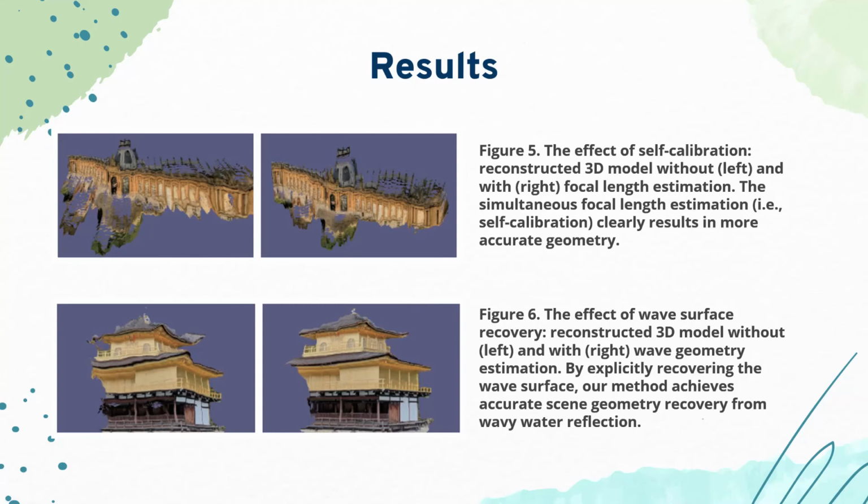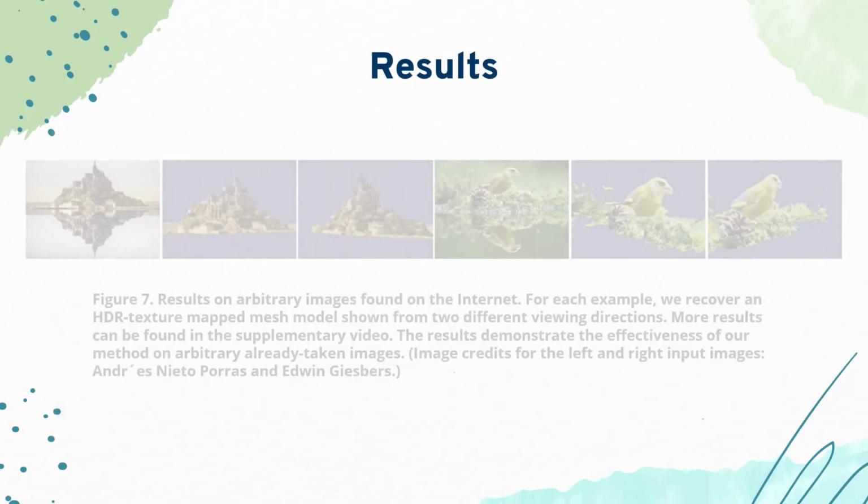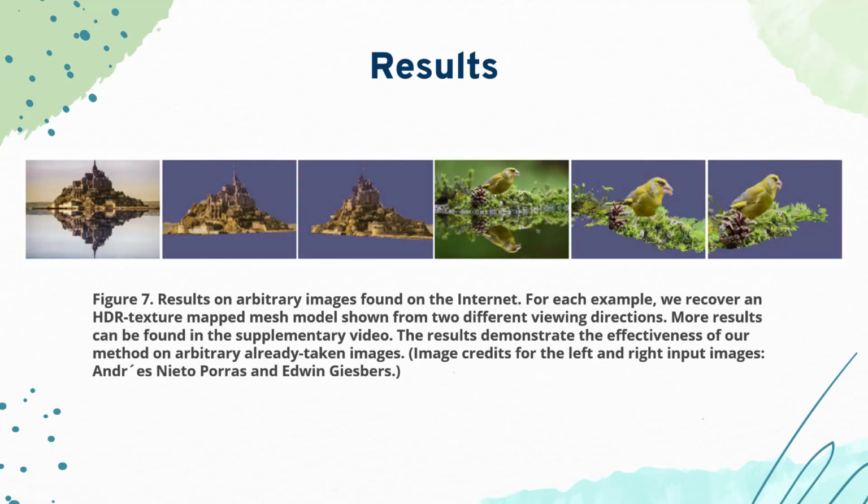We also apply the methods to various images either taken by our phone cameras or found on the internet. Figure 7 shows the single input images and recovered 3D models with high dynamic range appearance. The results show that the 3D scene structure can be recovered despite waves and complex water surface reflection.